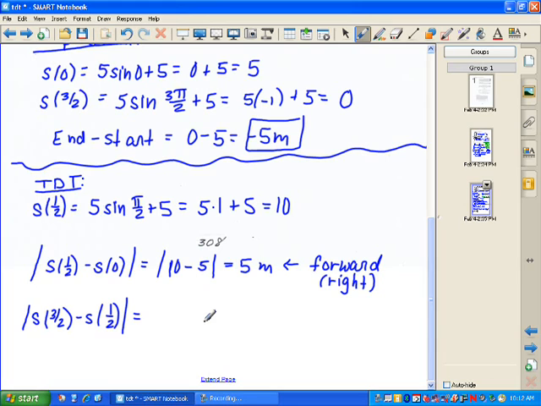Need absolute value signs though, because we want the total distance. We know the end is 0, and the half is 10. Okay, absolute value signs do matter here. So this is backward, or left.